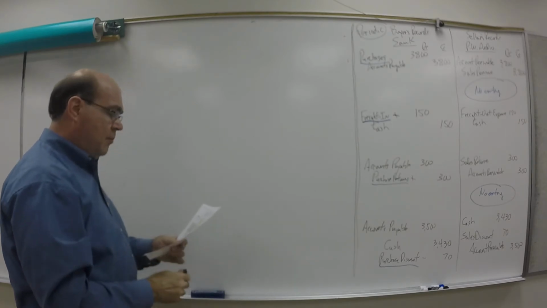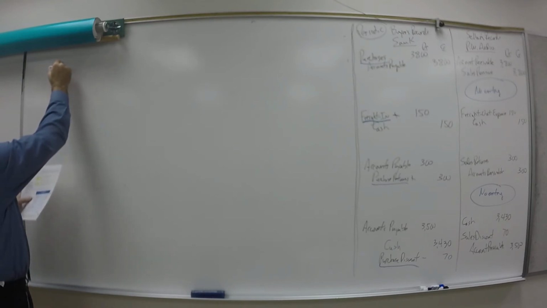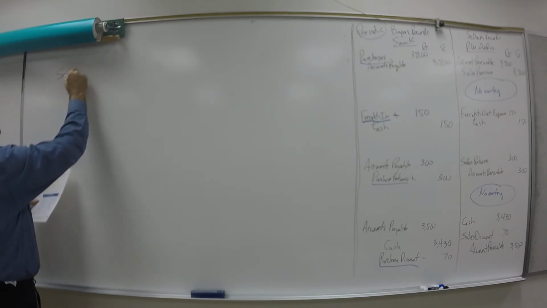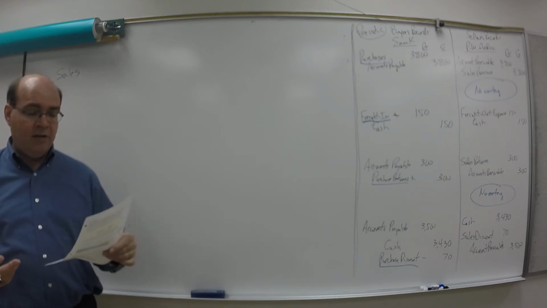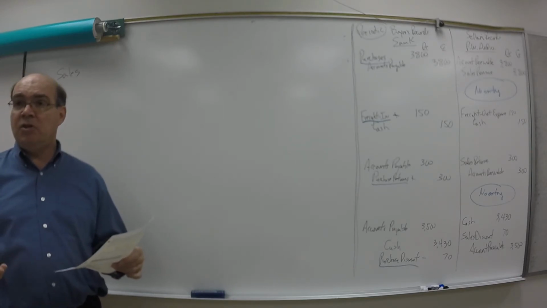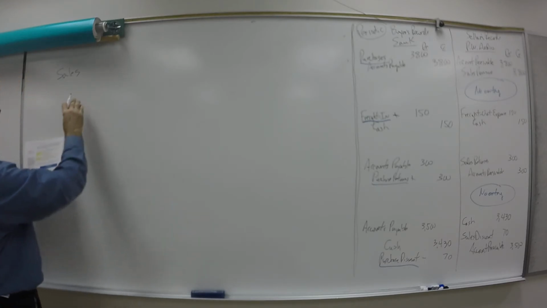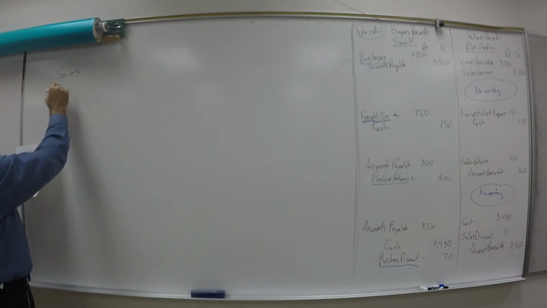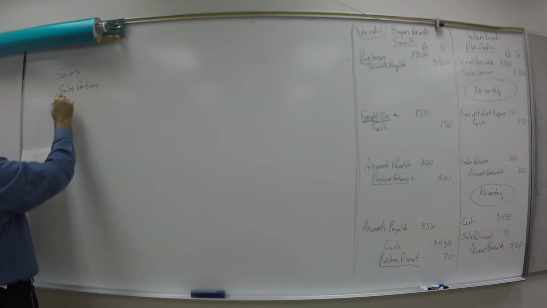But what we do on a multi-step is we put sales, and then we make adjustments for the returns. We take those out. Discounts, we take those out. So you would subtract those, and that's going to give you net sales. So we're going to do sales. Then I'm just going to do real quickly, sales returns and sales discounts.